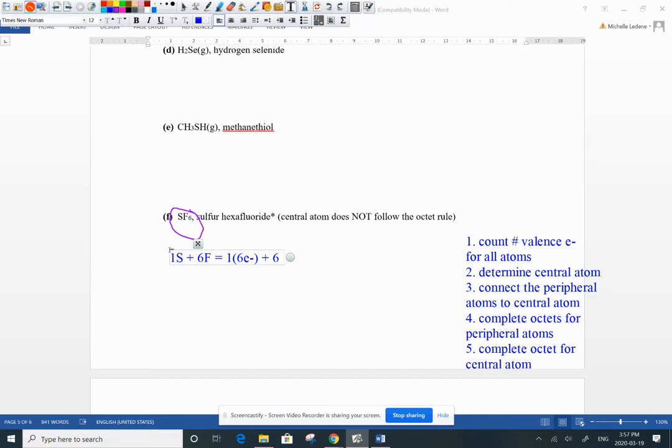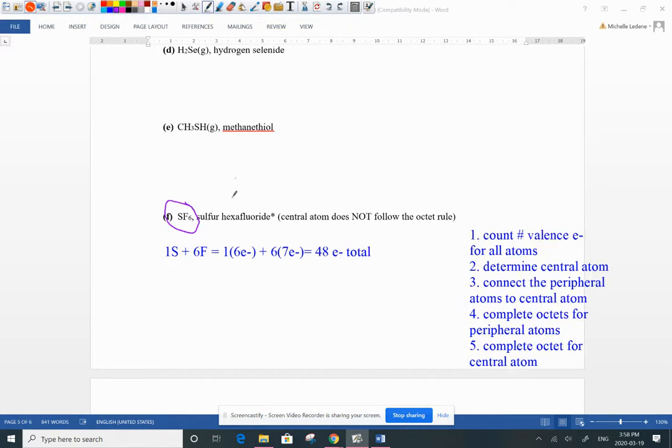Fluorine is group 17, so it has 7 electrons each. Adding these up, 6 plus 6 times 7 gives me a total of 48 electrons for my Lewis dot diagram.